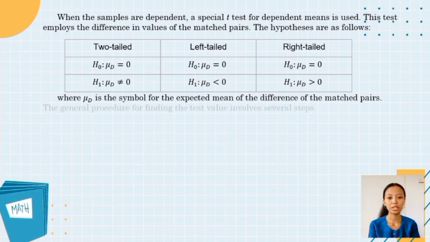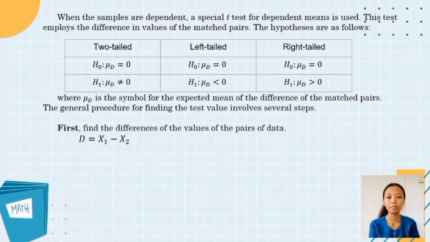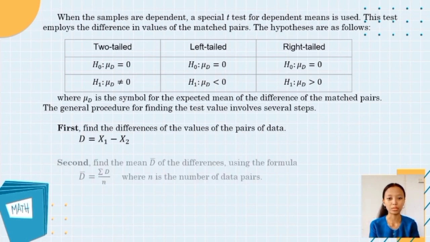The general procedure for finding the test value involves several steps. First step is to find the differences of the values of the pairs of data using this formula, d equals x sub 1 minus x sub 2, where x sub 1 and x sub 2 are the two samples.